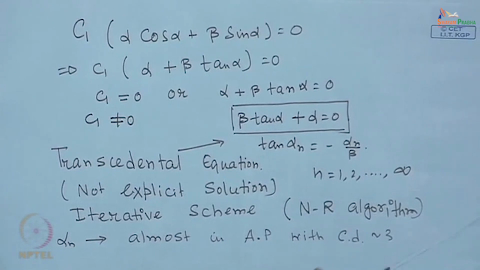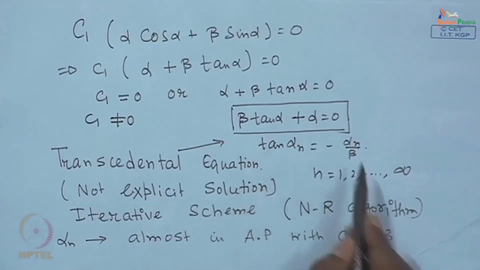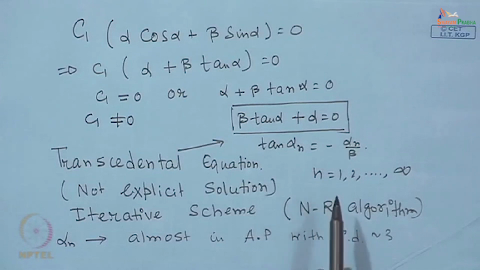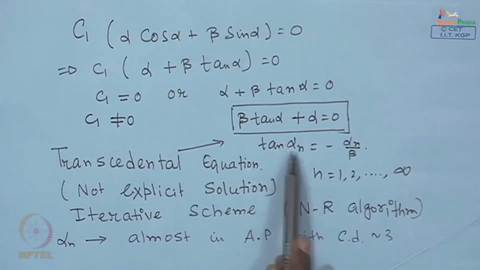The trick is that, depending on the value of beta, we put the value of beta, and then give a guess value of alpha. Beta is nothing but a system parameter, so knowing the value of beta, we give a guess value of alpha. The first root will converge, giving you the value of alpha.